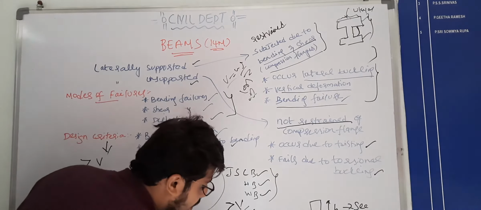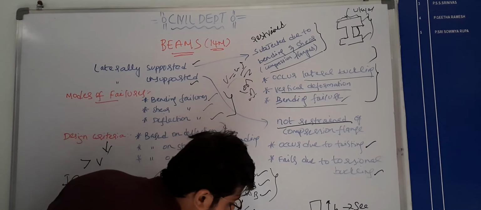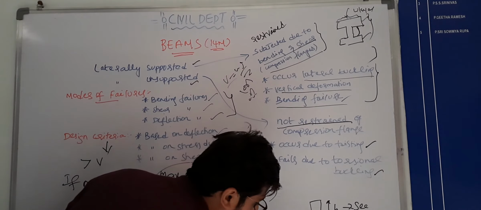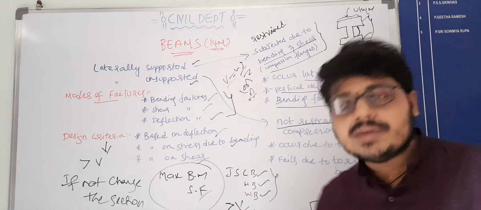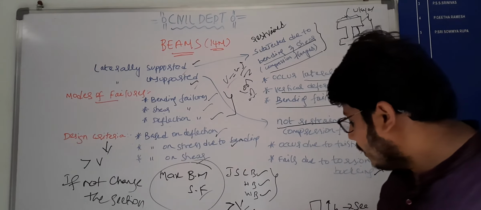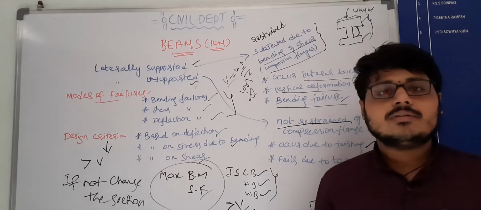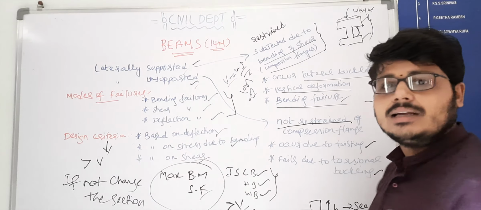This is called built up beams. So there are three types for doing the problems: laterally supported, laterally unsupported, and built up beams. This was the introduction class.